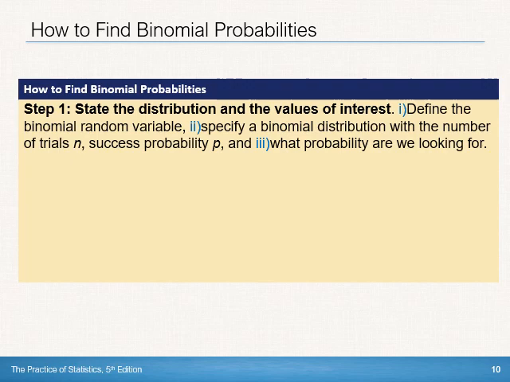Usually we'll use X or Y. The next thing will be to say that it has a binomial distribution, and the binomial distribution is determined by two things: the n value, the number of trials, and the probability of success for each trial. And then we'll say what the probability is that we're actually looking for. So that's step one.